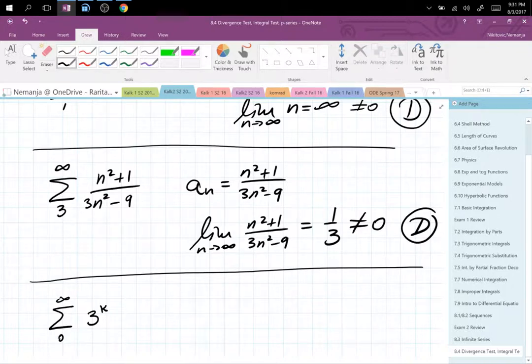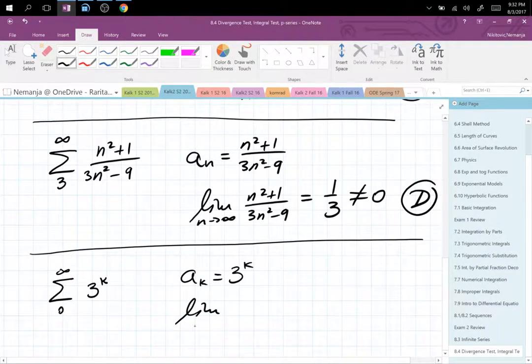What's a_k? a_k equals 3 to the k, and what's the limit? 3 to the infinity is infinity.